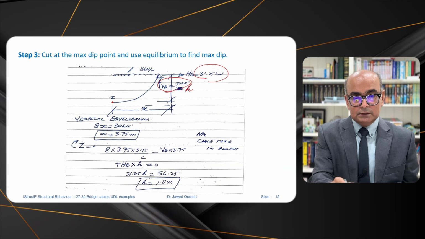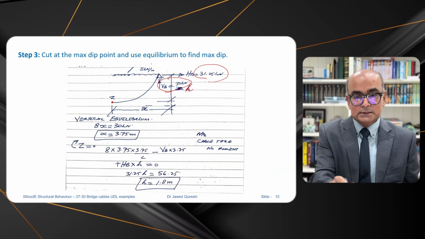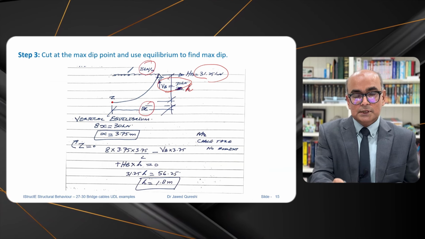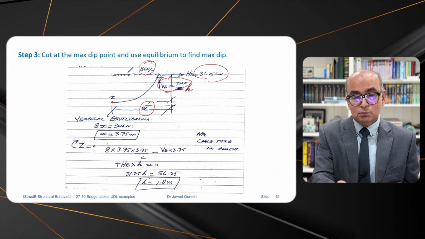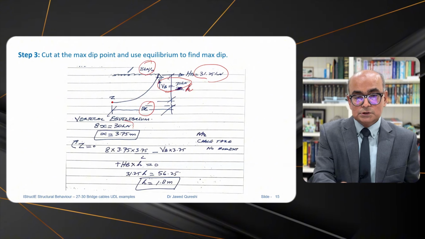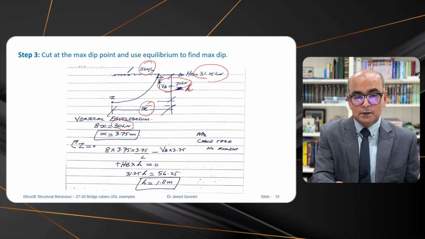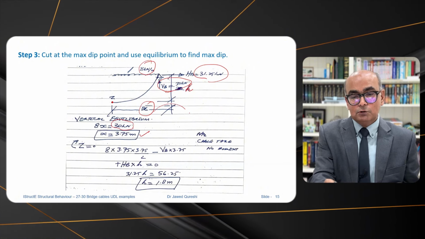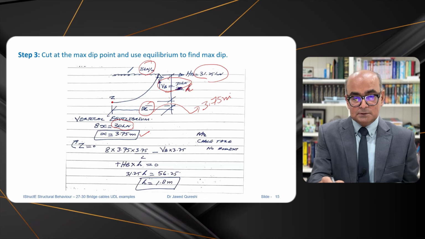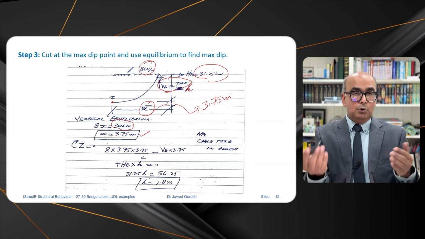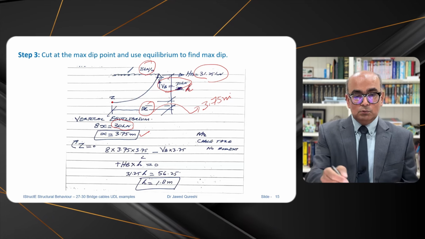So using vertical equilibrium, we can say that 8 load times the distance 8x, x is not known to us, is equal to 30 kilonewton, which is the reaction. So from here we can easily find the value of x as 3.75 meters. And then we say that summation of moment at Z equal to 0.